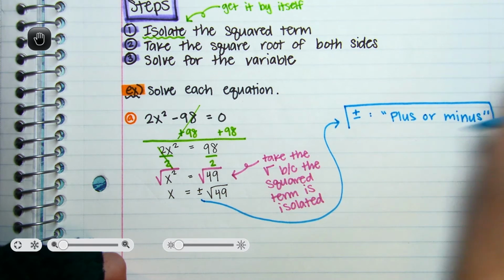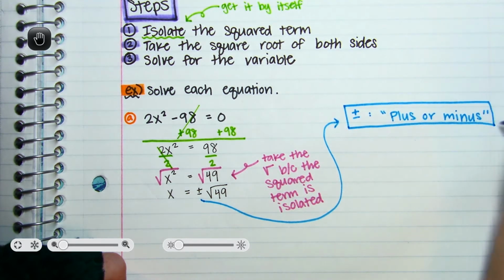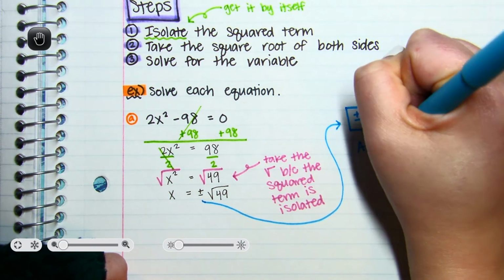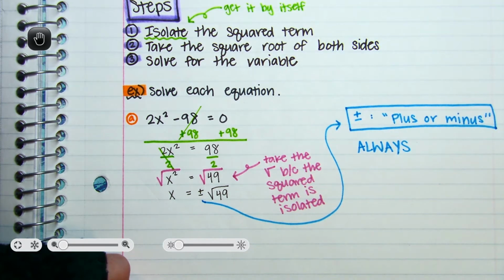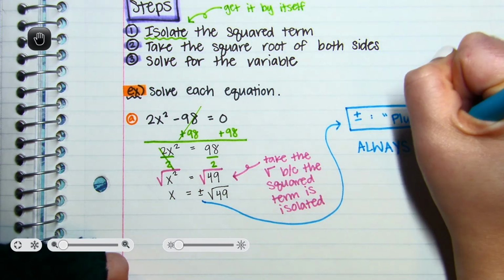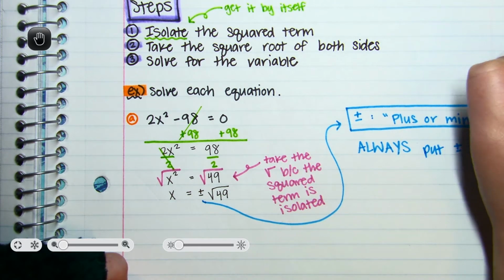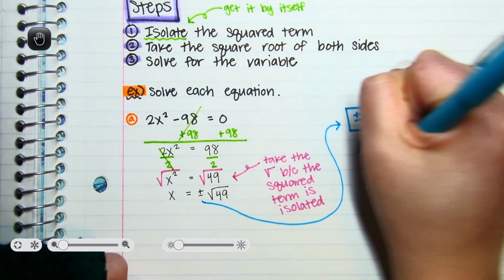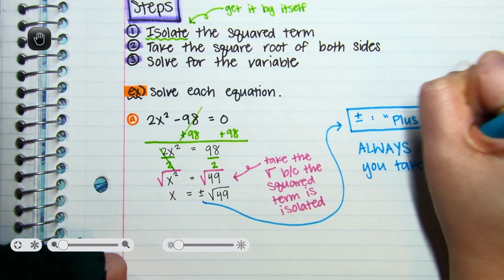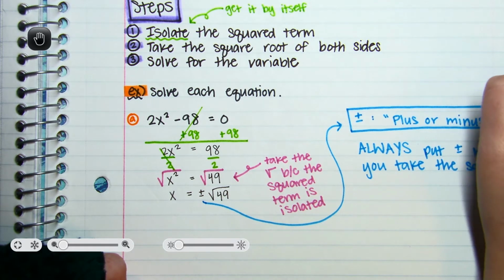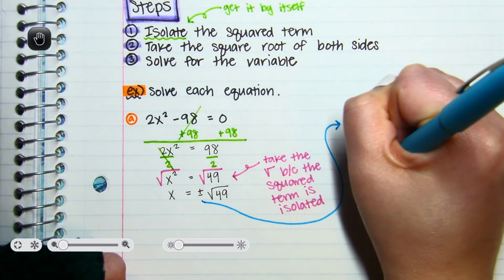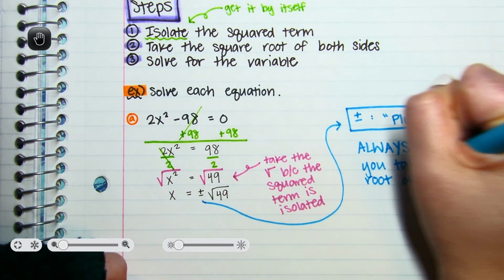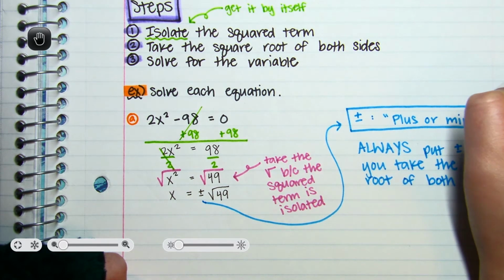So when that term is written, we say plus or minus. Always, always, always, always put plus or minus when you take the square root of both sides.